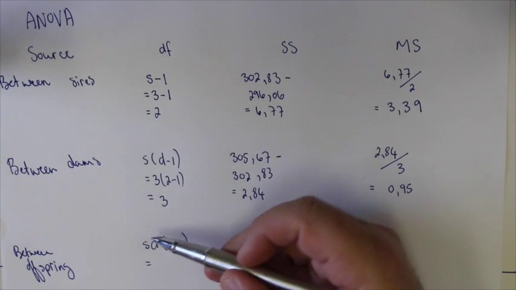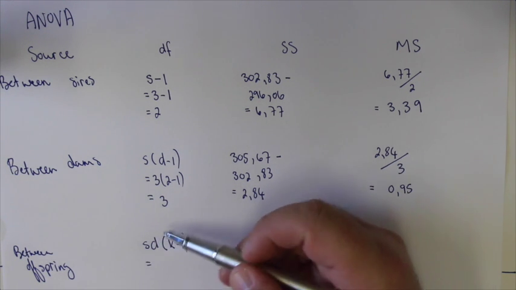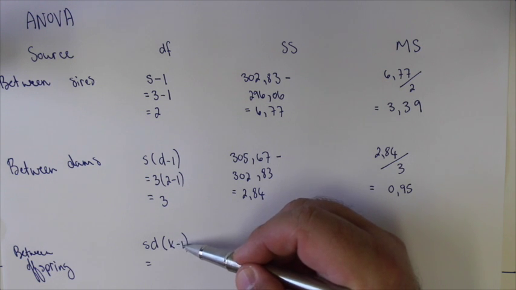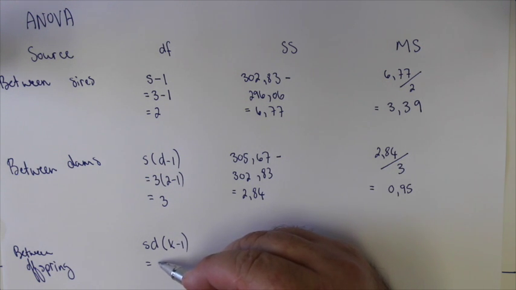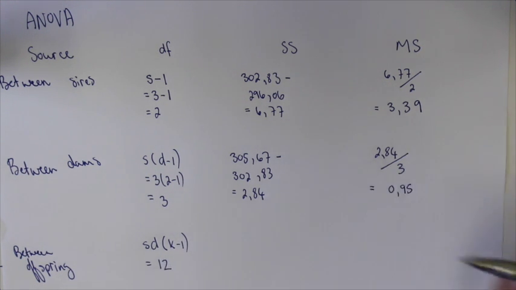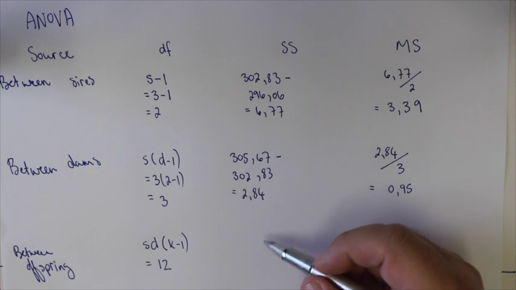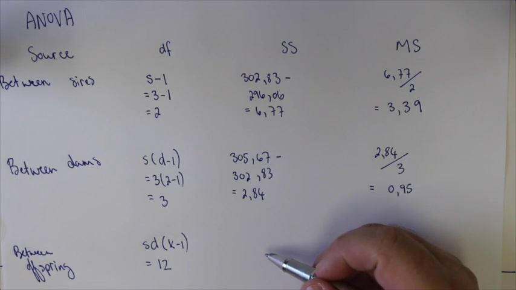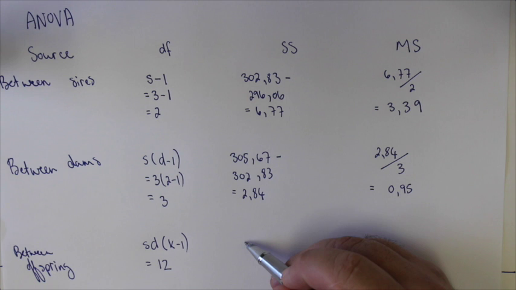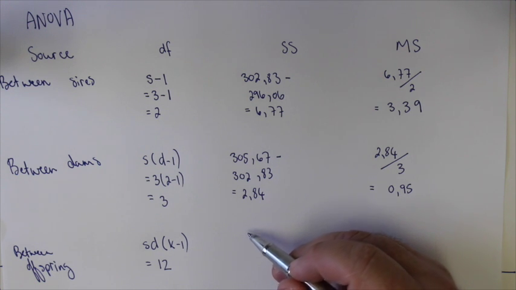That is 3 times 2 times 3 minus 1. So it's 6 times 2, and that gives you 12. Now, in this specific case, the sum of squares works out to 5.33.